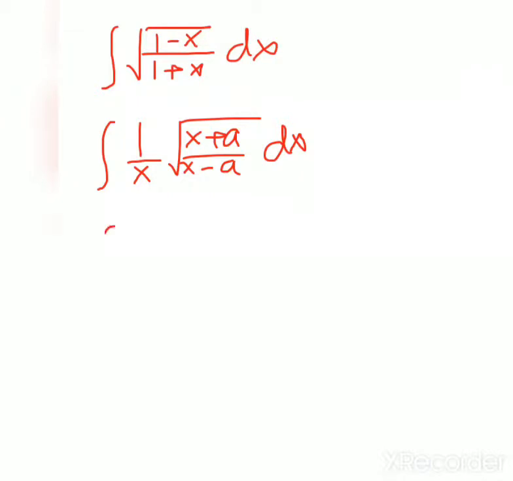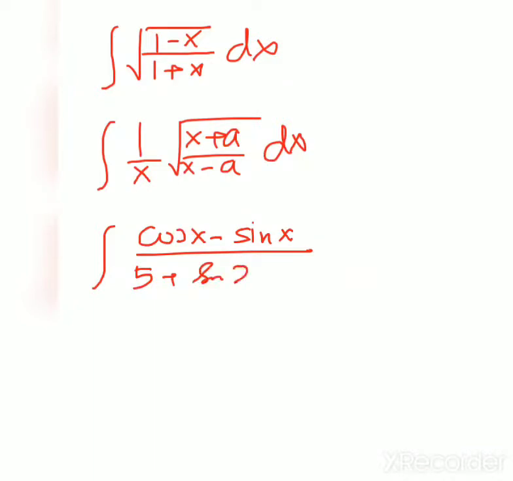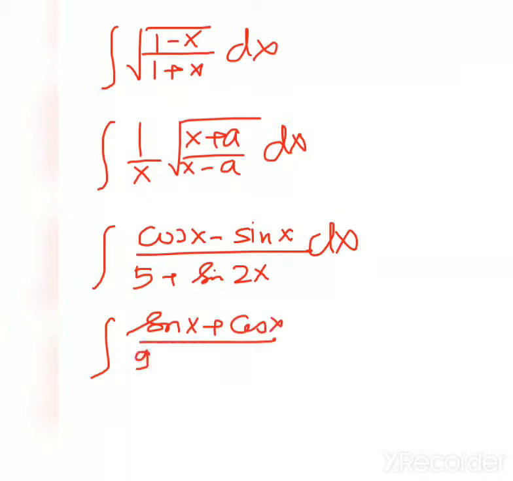Next question, this is one of the very good and important questions. Cos x minus sin x upon 5 plus sin 2x dx. In the same way, now which I am writing, this is similar to that, and it has come many times in the board examination also. Sin x plus cos x upon 9 plus 16 sin 2x dx.